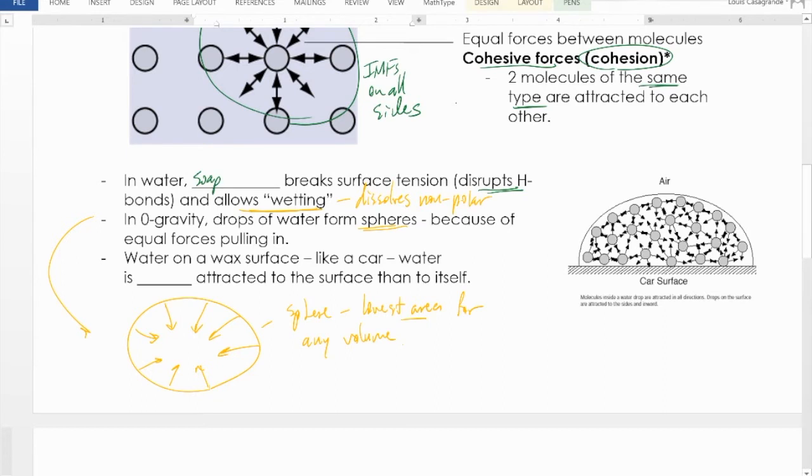It depends on what kind of surface they're on. If we're on a waxed surface, so say you have a car that's freshly waxed, there's going to be a low attraction. And we'll get to this again on the next page. Low attraction to the water molecules, but with the surface tension holding the water molecules together, it tries to form a sphere.